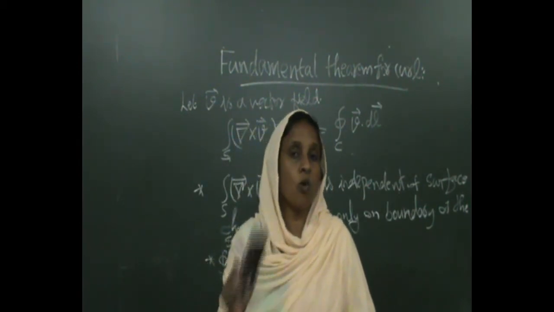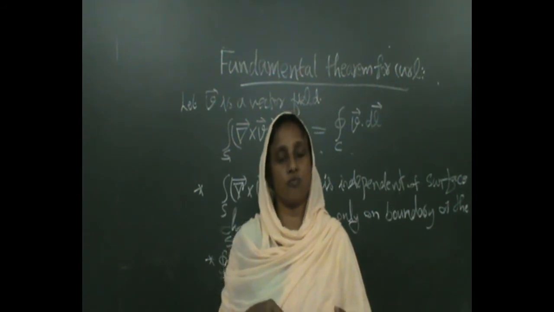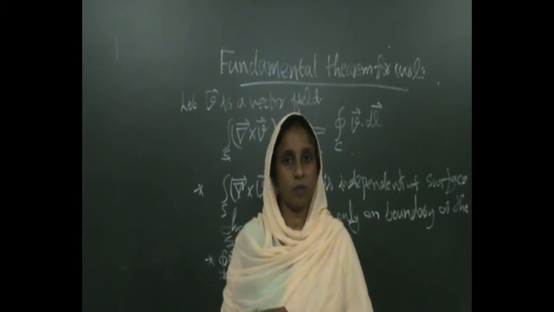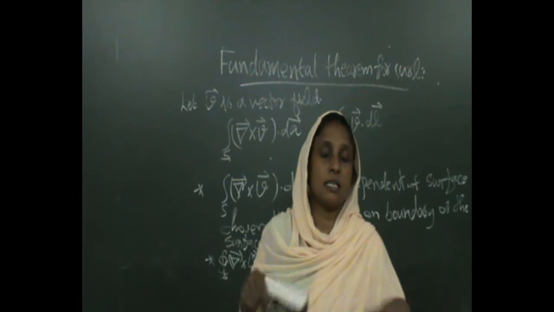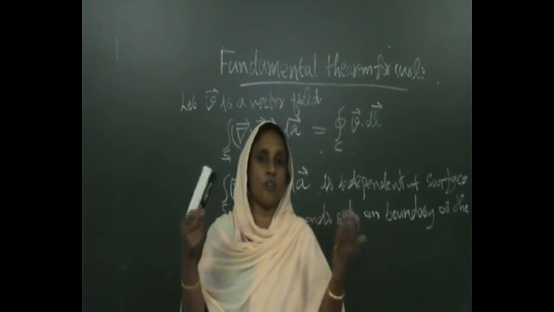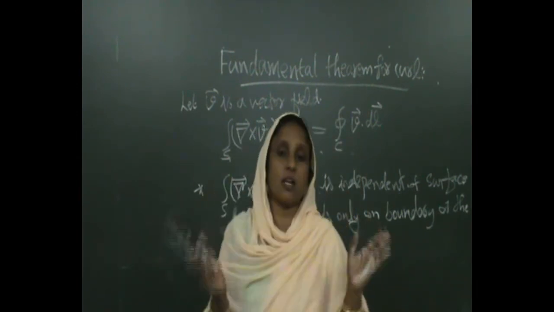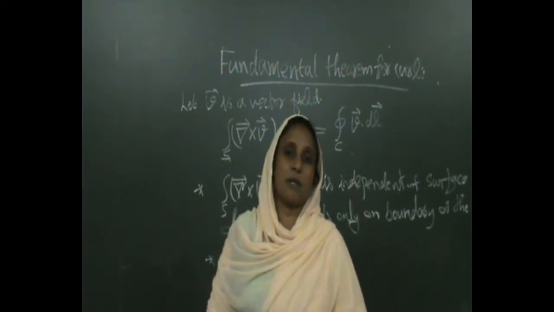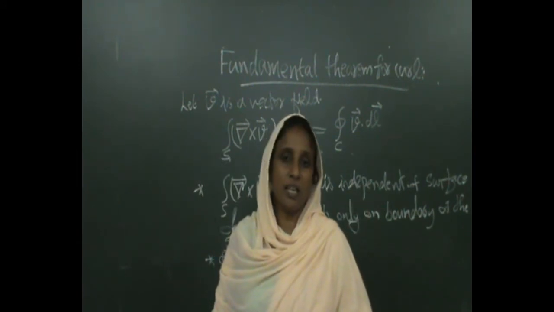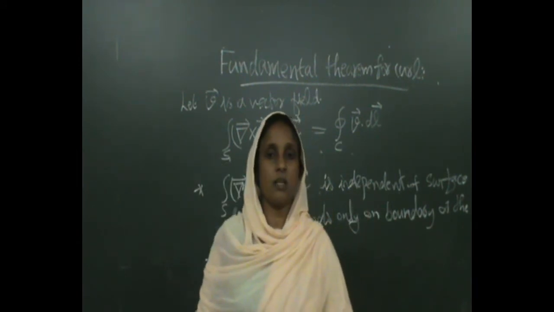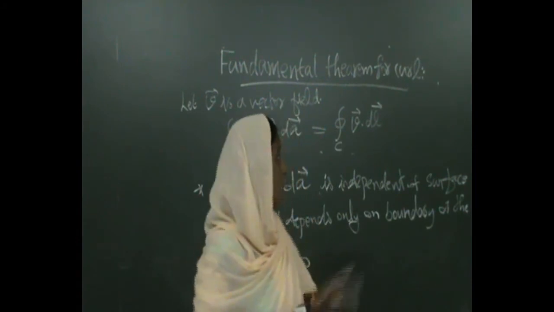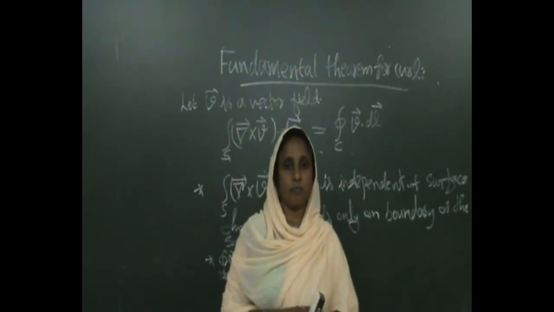It depends only on the boundary of the surface. If we find the surface integral of the curl of a vector over a closed surface, surely you will get 0. These are all the fundamental theorems of curl.